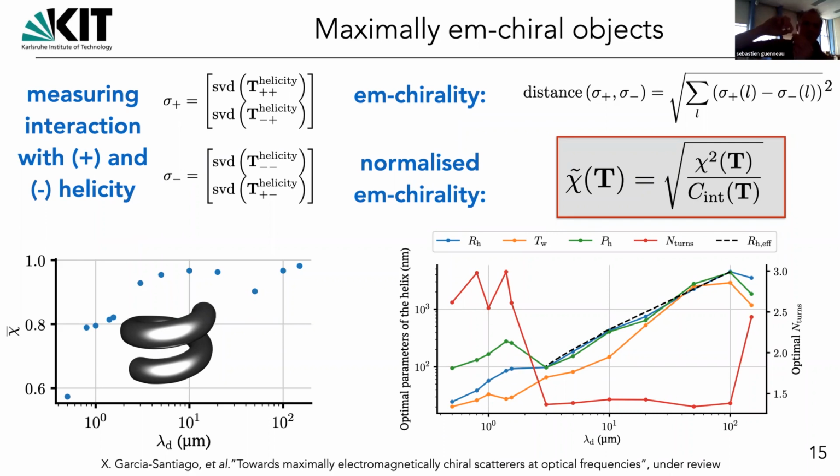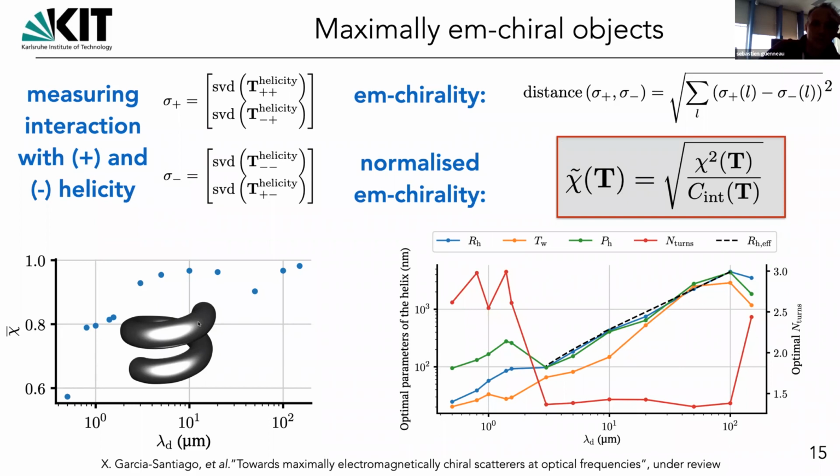So your parameters are what? This is the diameter of the tube, the radius of the helix, the thickness of the wire, the pitch, the number of turns. And this is a kind of rounding effect, if I remember correctly, so the helix is rounded at the end.